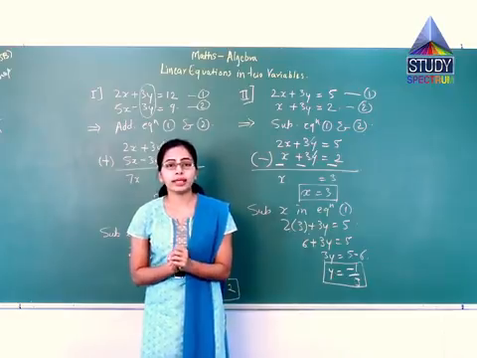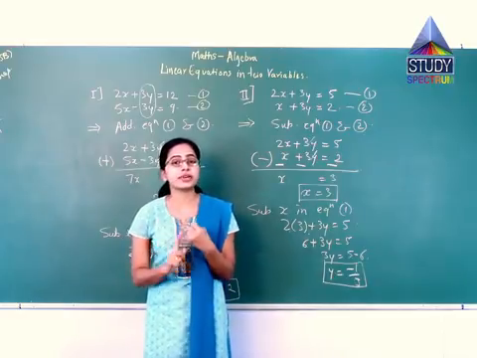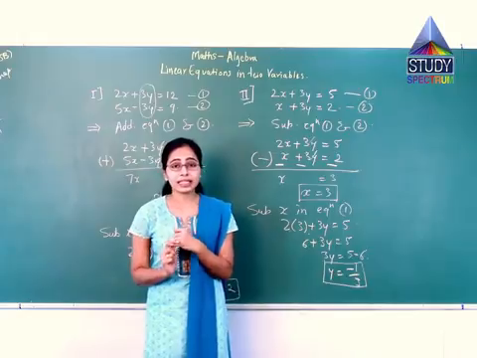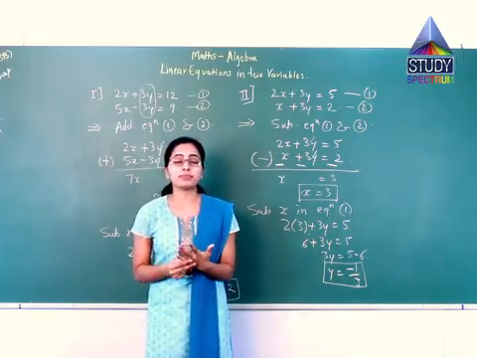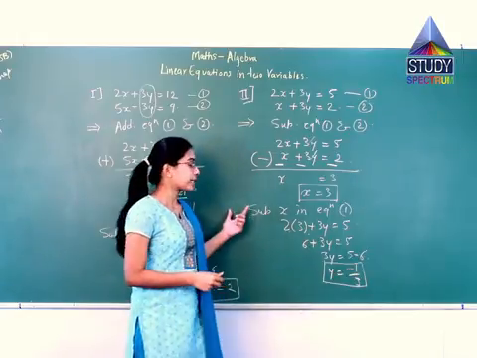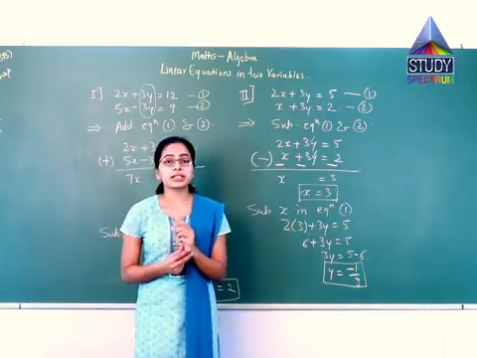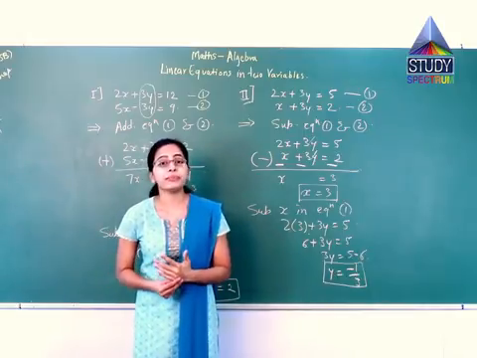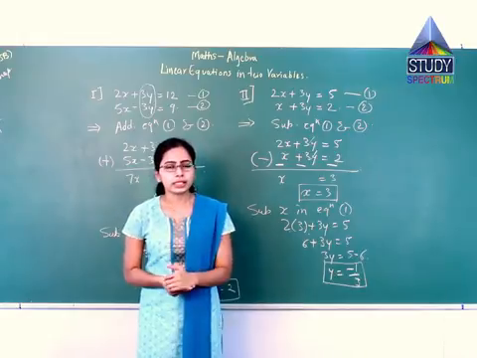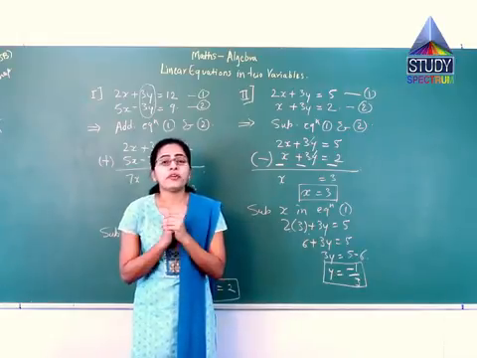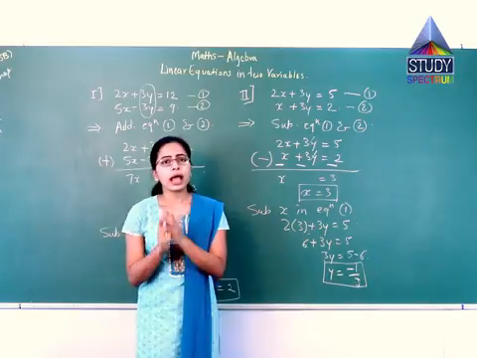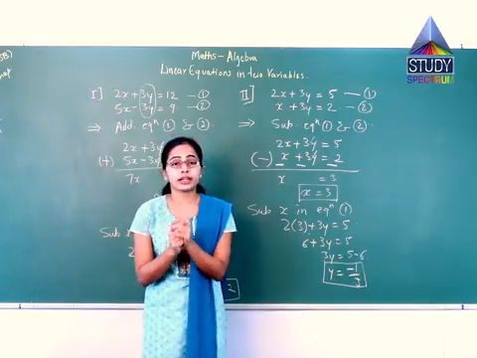In the first 2 examples, coefficients were similar, but signs may be similar or different. Now let us see the next type, when the signs and coefficients are not similar.